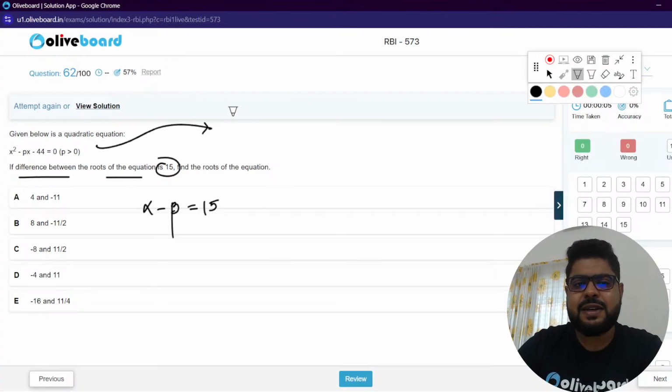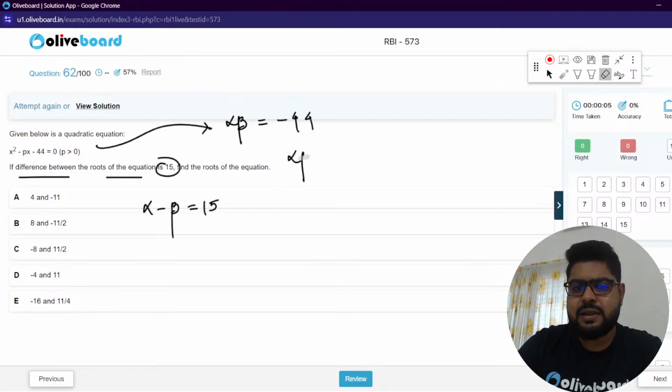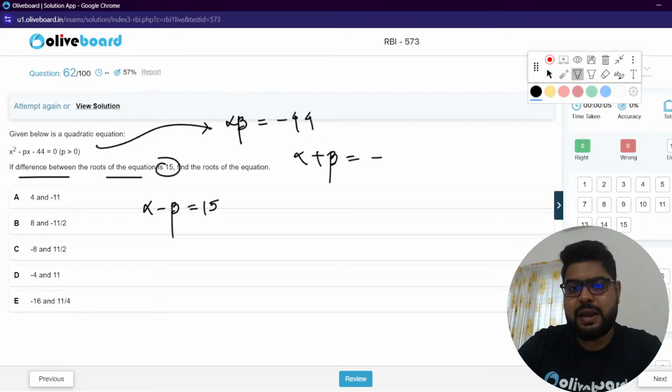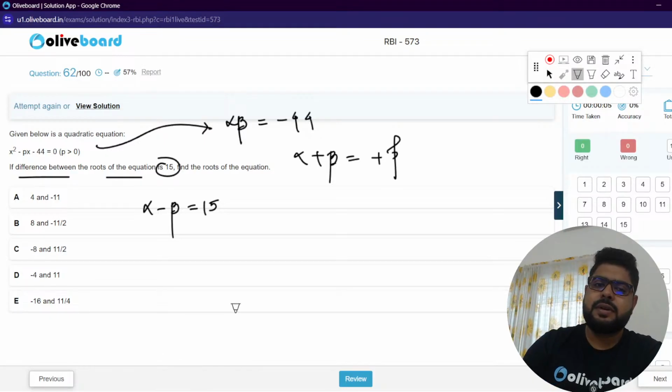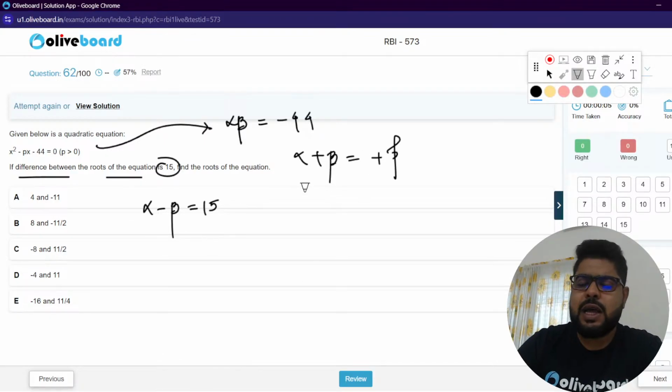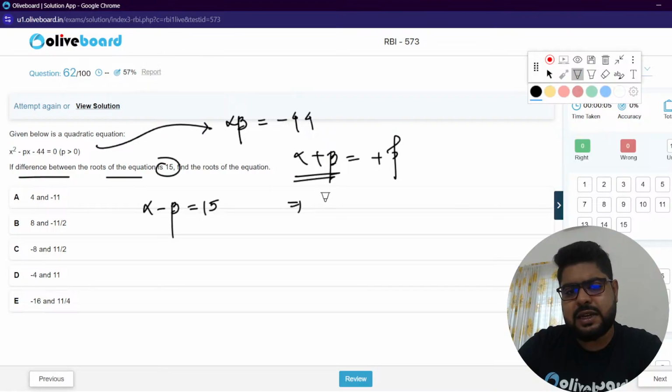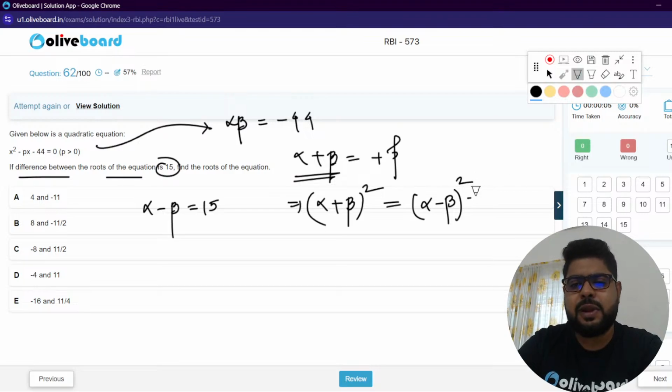Again, sir, from the equation, I can draw two conclusions. Alpha into beta is minus 44. Alpha plus beta, that will be plus b. Correct, sir? Let's just do one thing. Alpha plus beta whole square is equal to alpha minus beta whole square plus 4 alpha beta.